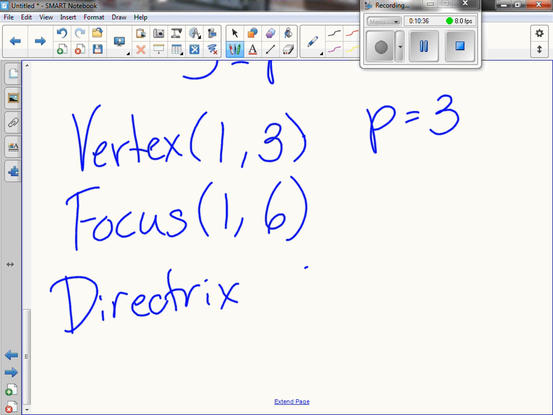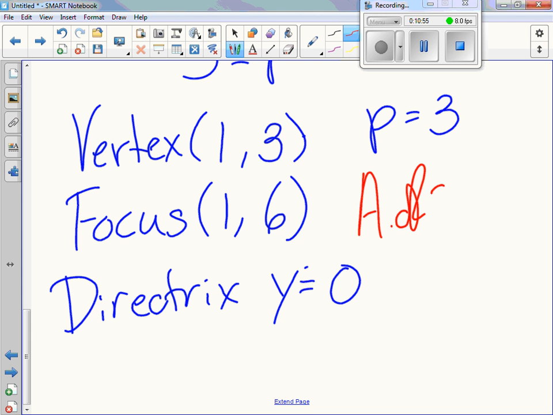Our directrix is y is equal to k minus p. 3 minus 3 would give us 0. And last but not least, we have the axis of symmetry, which is x is equal to h, which is 1.